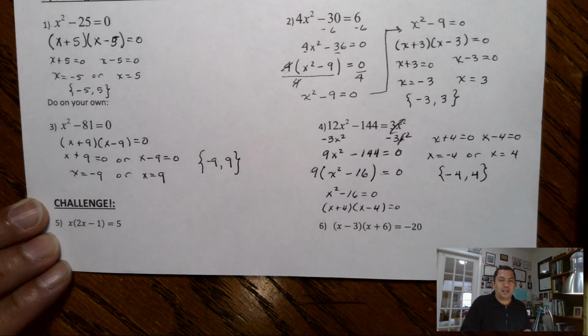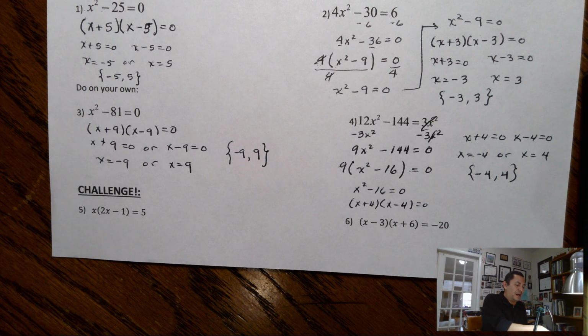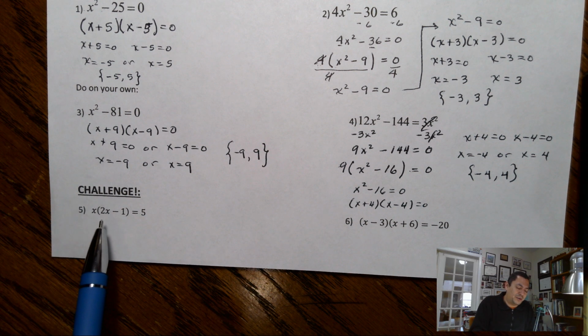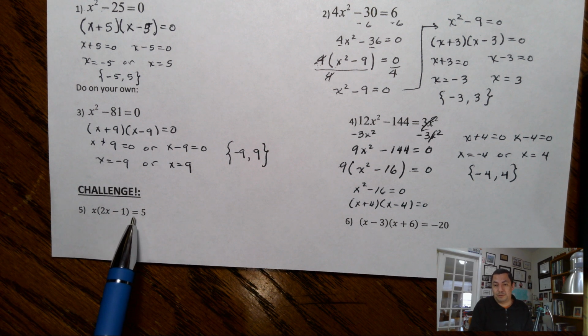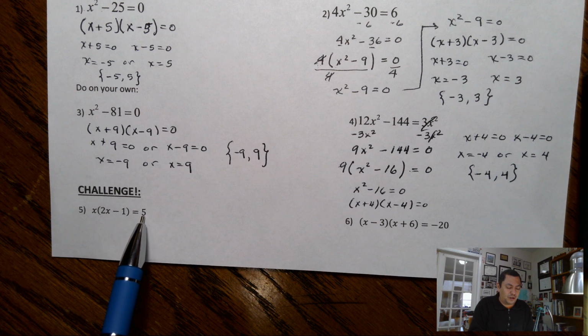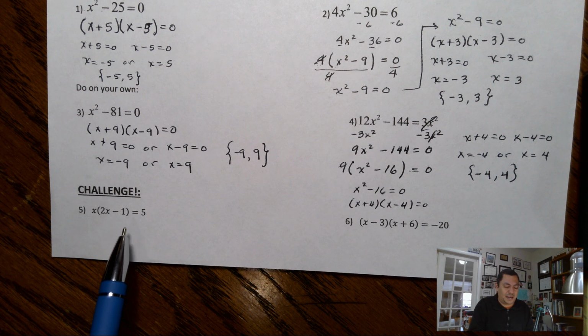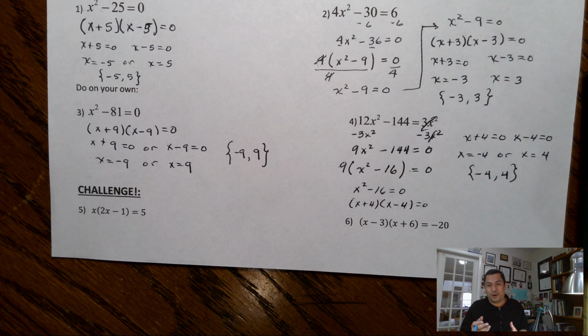There are some challenge problems that I added to the notes. Why are they challenging? Because they are not equal to 0, and we cannot just move it to the left and add 1 because there is a parenthesis. So I'm just going to say the steps.